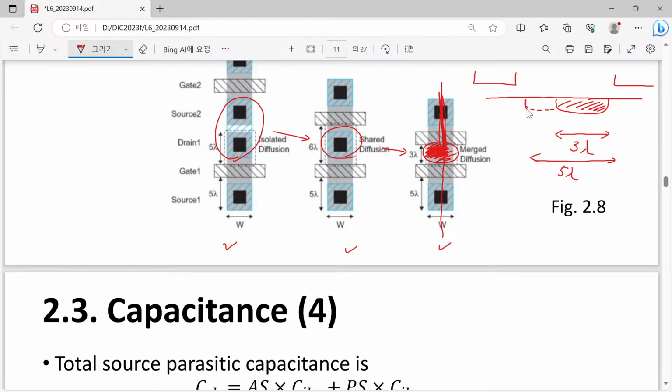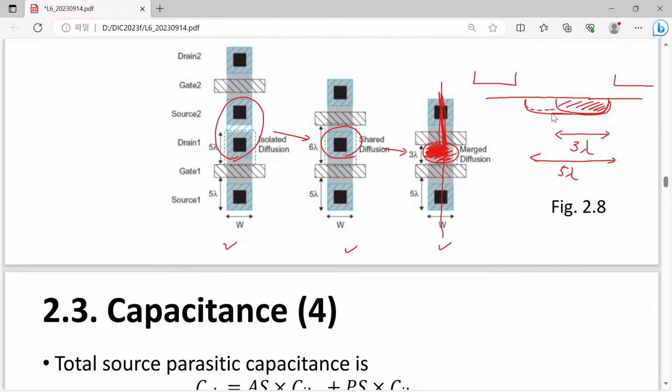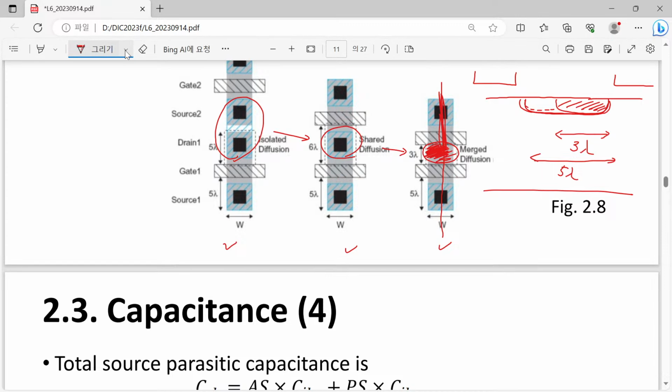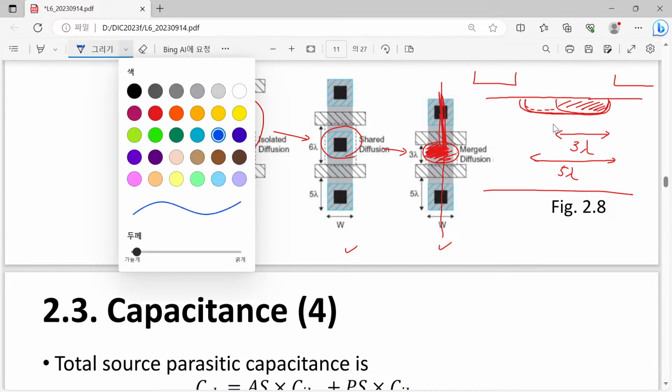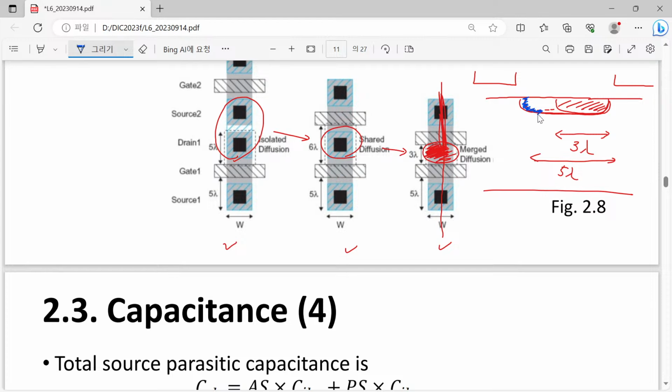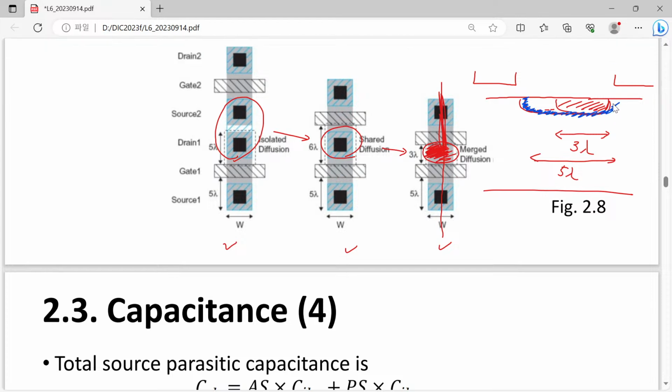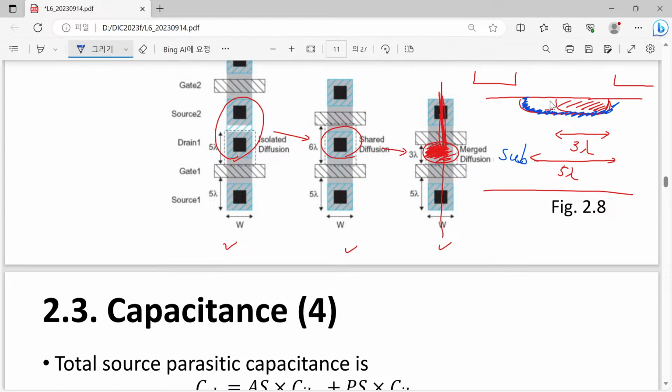Since we have more area consumed by this diffusion region, what we can expect is that the capacitance between this substrate and this diffusion region can be increased by a factor of, roughly, just this.